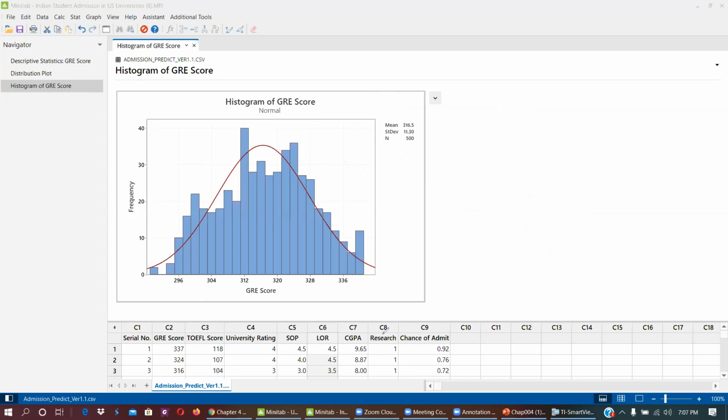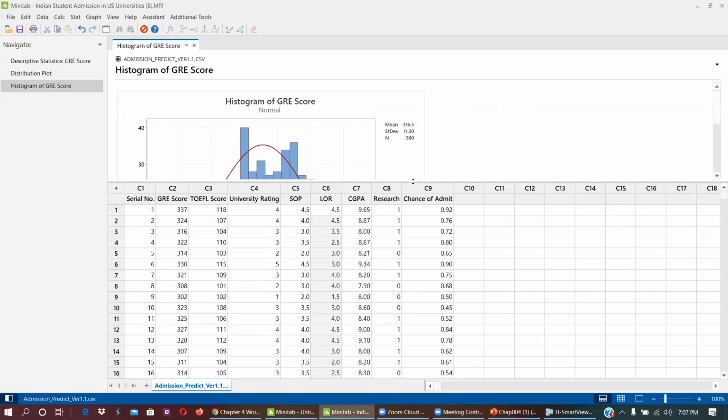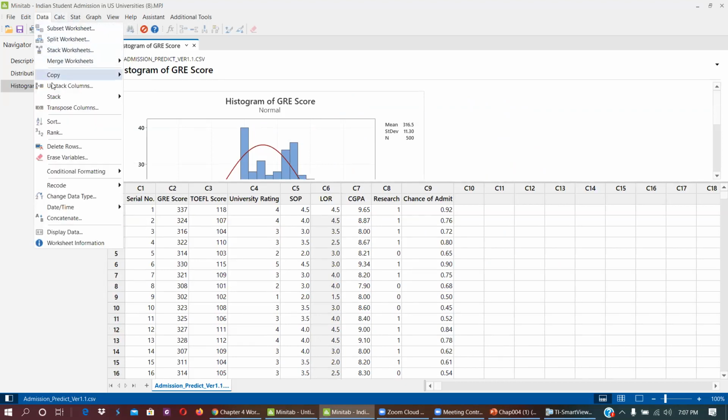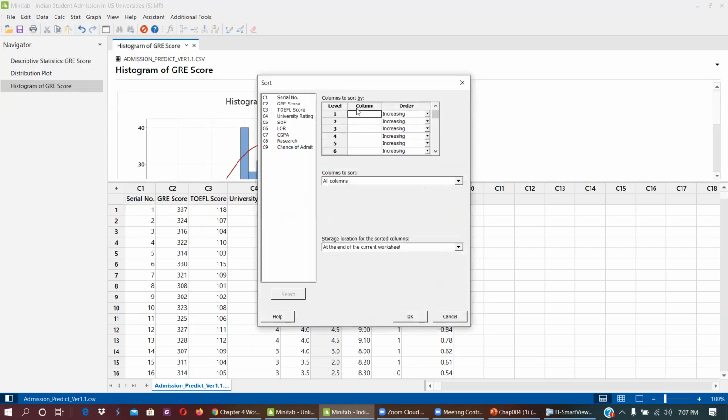Clear all the drawing. And now I'm going to Data, and I'm going to sort the data. I'm just using the GRE score.